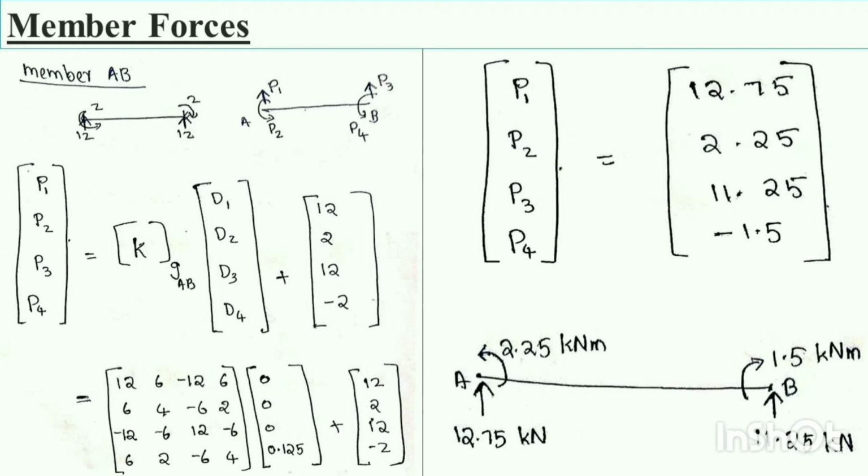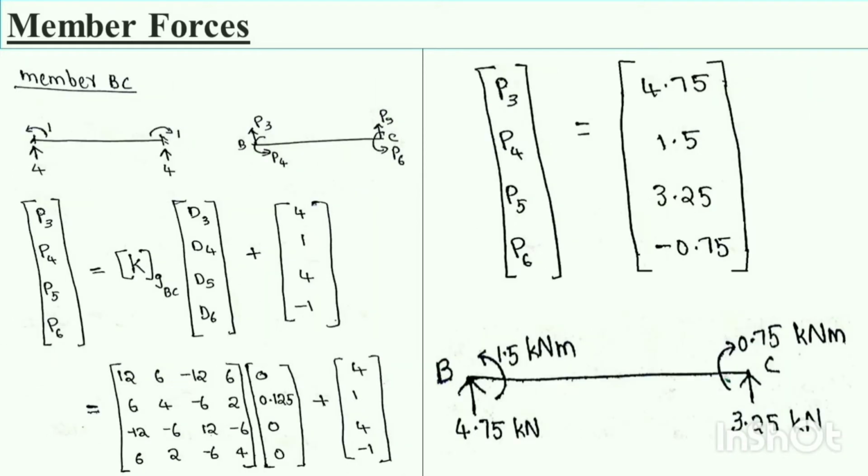After multiplying and adding, we get forces as 12.75, 2.25, 11.25 and minus 1.5. And the unit will be kilonewton for forces, and kilonewton meter for moments. Okay. In this figure you can see how the forces and moments are marked in member AB.